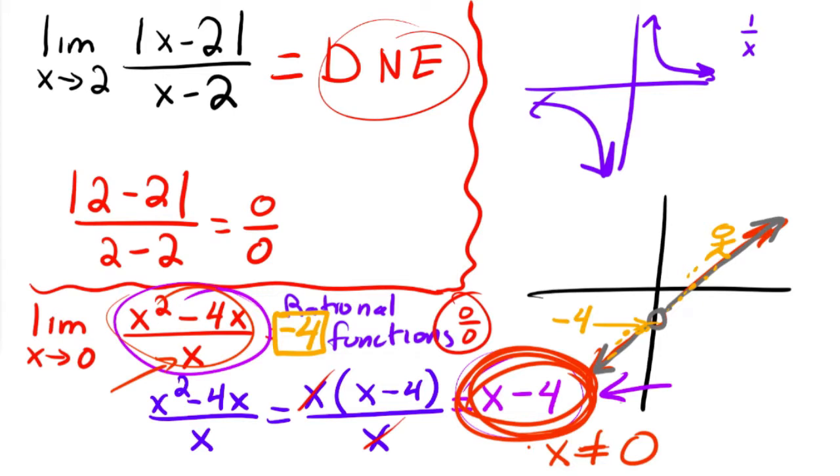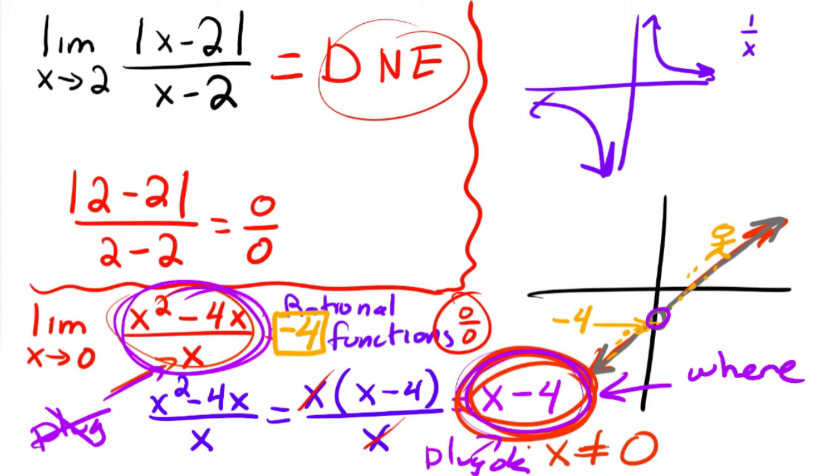So essentially what we're saying is that if you can convert your function into a form where you can actually plug in the number, so here you can't plug in, but here you can plug in. Plugging in 0 is okay here. What that'll tell you is where it's going.